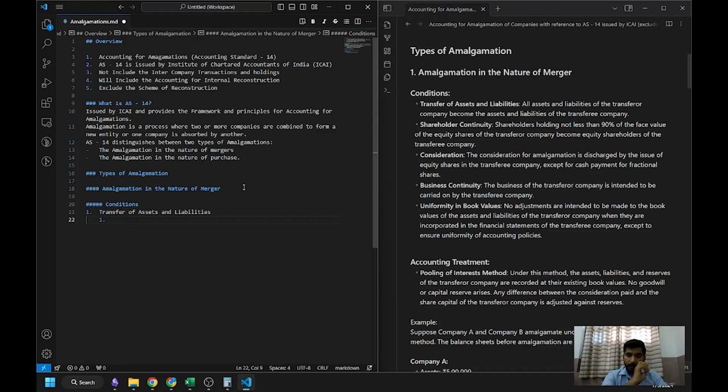There will be the transfer of assets and liabilities, meaning all the assets and liabilities of the transferor company become the assets and liabilities of the transferee company.